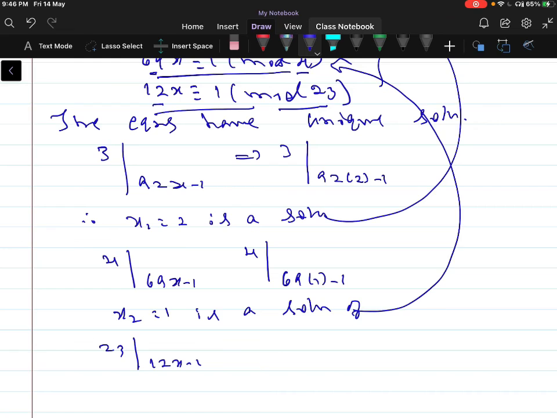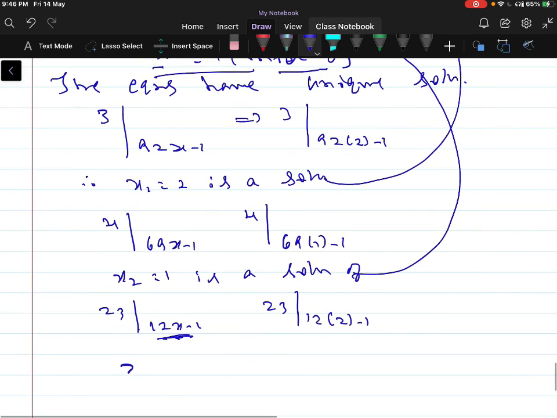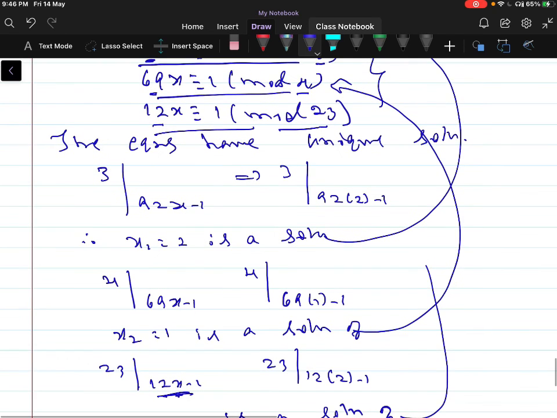You have to choose the value of x such that 23 divides 12x minus 1. So take x equal to 2. So 23 divides 12 into 2 minus 1. Therefore x3 is equal to 2 is a solution of the third equation.